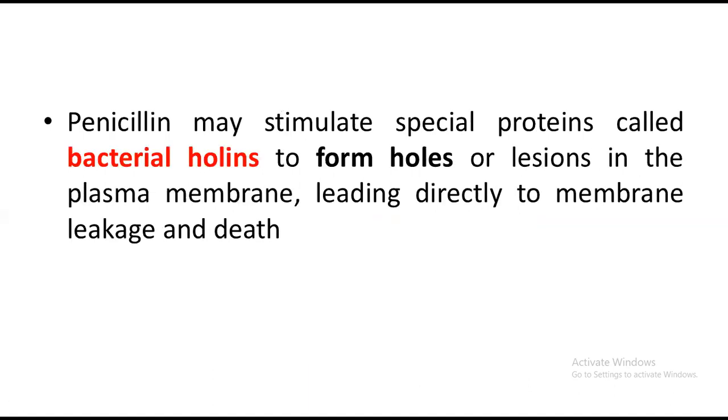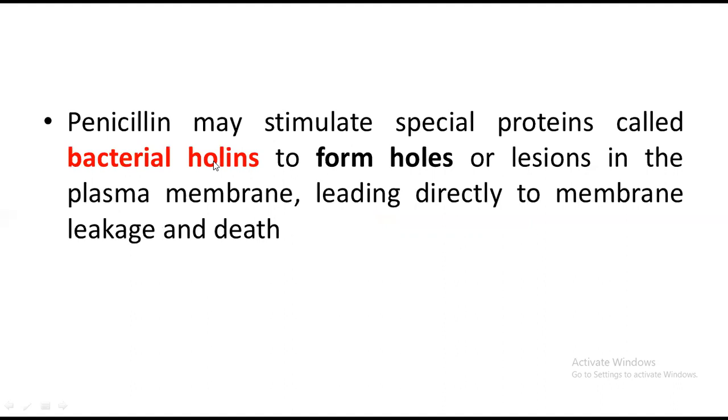The last one is that penicillin may stimulate special proteins called bacterial holins. To form holes or lesions in the plasma membrane, there are special types of proteins present in the bacterial cell, known as holins.